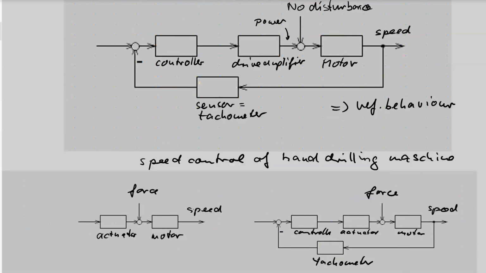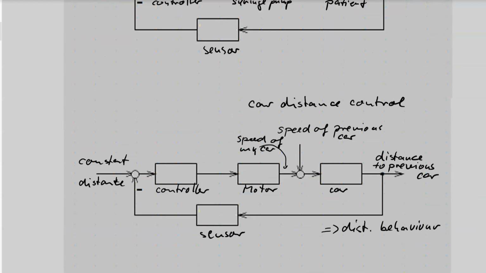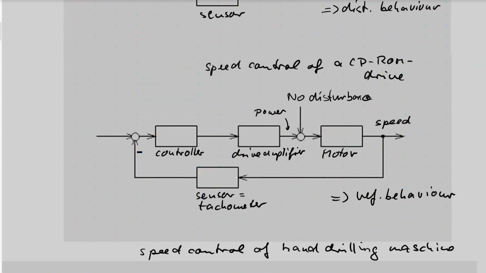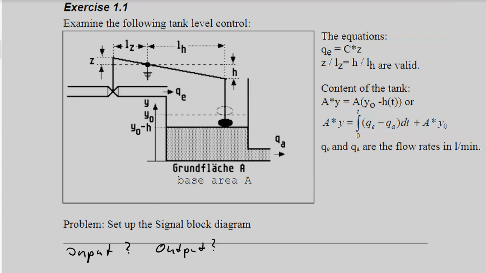This is the speed control. Then we have other examples: distance control or blood sugar control. So we have the output of a closed loop system. Is that what you want to control? So we can say the output is H.